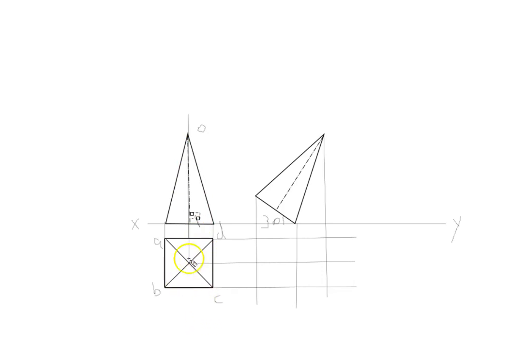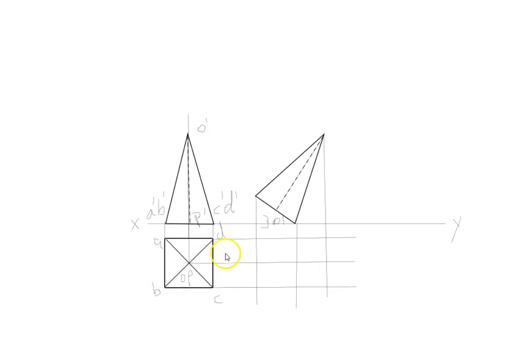We mark these as O dash, P dash, A dash, B dash, C dash, D dash, and this center point will be OP.